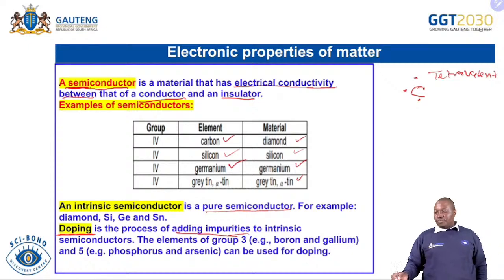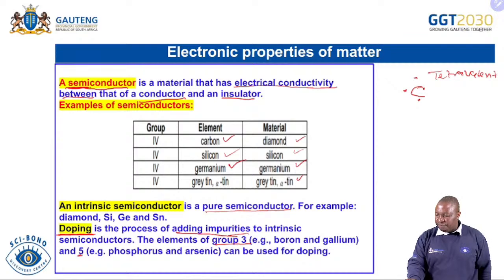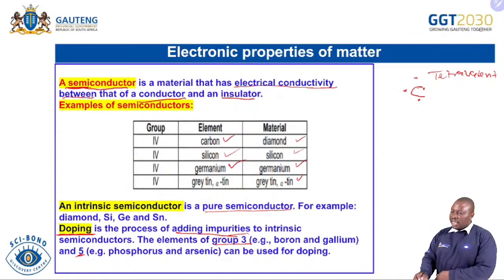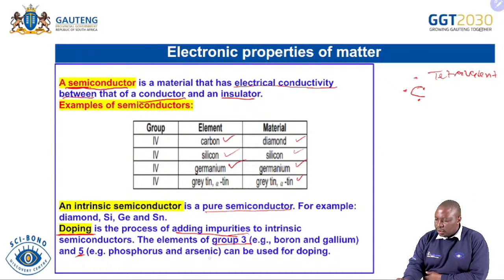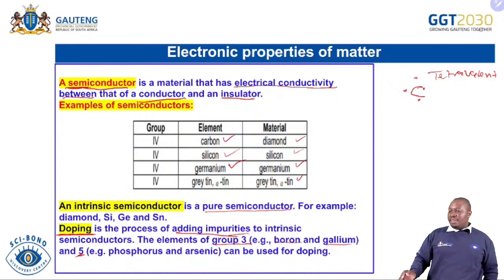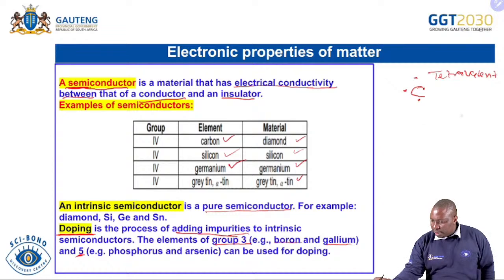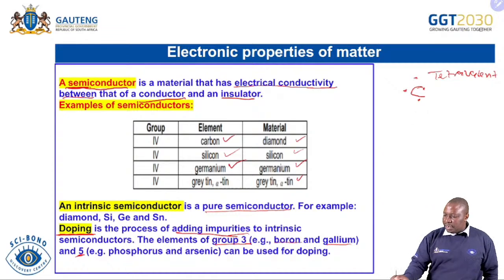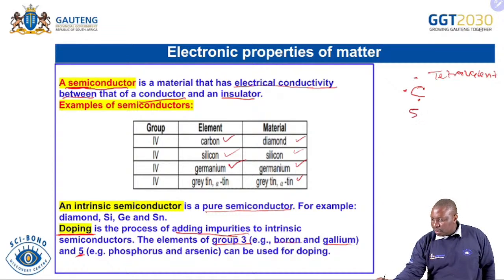The elements of group 3 and group 5 in the periodic table, we refer to them as our dopants, which can be used for doping. So we'll be using boron and gallium for doping in this case. We're using 4 of them: the carbon, the silicon, the germanium. Let me write them. We have silicon, we have Ge, we have tin there.